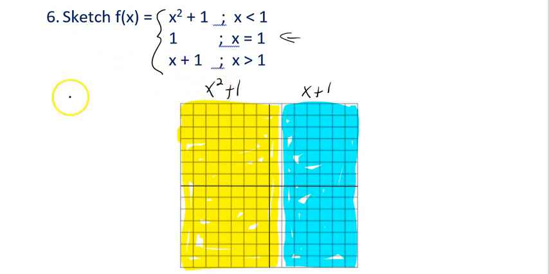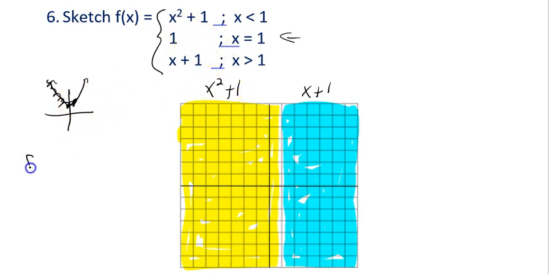First of all, the x squared plus 1 is a parabola that's moved up 1. So you're looking at this, but you only want the part from 1 back, so kind of this section here. And you can find that point where it is at 1.